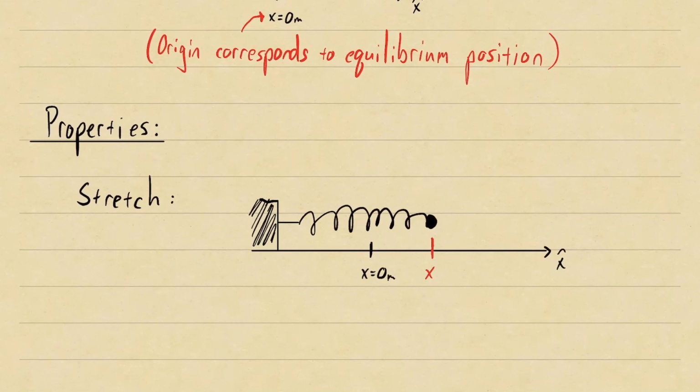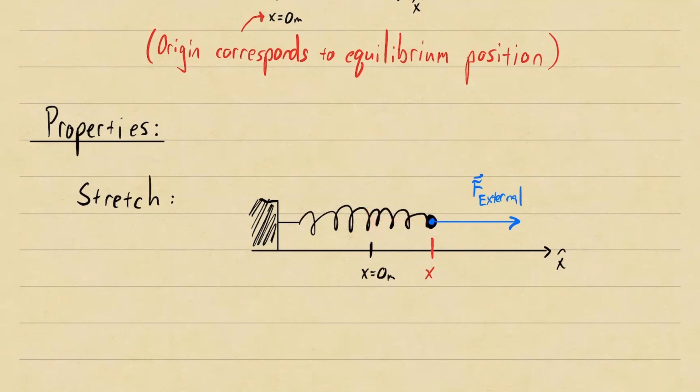Notice that there are going to be two forces acting on this spring. There's an external force that's pulling this spring out. It's the thing that's actually making it overextend and stretch. So this is the external force. And then because we're overstretching it, the spring is going to want to return to its equilibrium position.